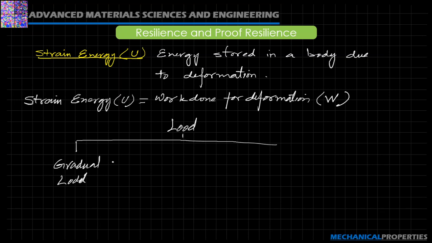In gradual load, the magnitude of the load is gradually increased from 0 to the maximum. Then we have a sudden load. If the intended load is applied at once on the component, this will be known as the sudden load. And then we have the impact load.